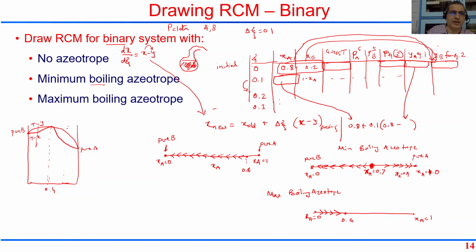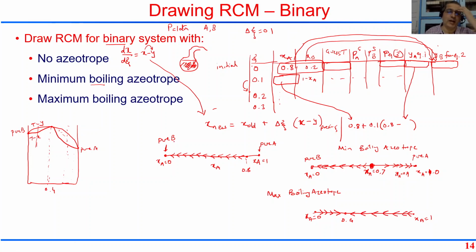If I start on the right side of the azeotrope, now the more volatile is pure A, the less volatile is the azeotrope. So as I distill out more and more, the residue is going to contain closer and closer to the azeotrope. So the residue curves will point towards this.